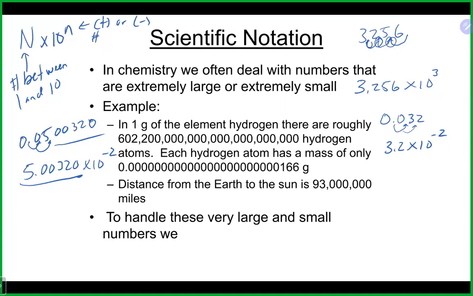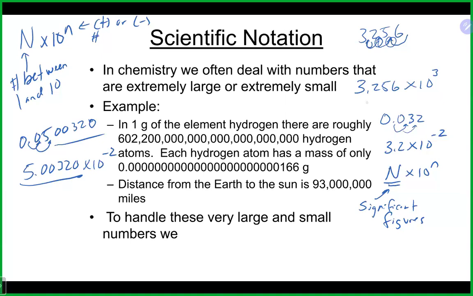By the way, one of the advantages of scientific notation in terms of writing is, when you write something in scientific notation, all the numbers before the times 10 part are always significant figures. So if you see a number that is properly written in scientific notation, when you look at the number before the times 10 part, that will tell you how many significant figures it has.